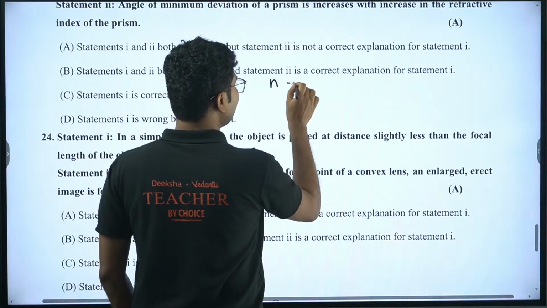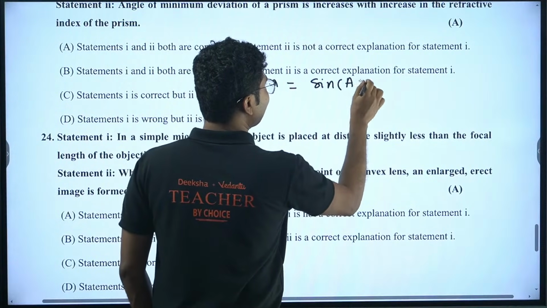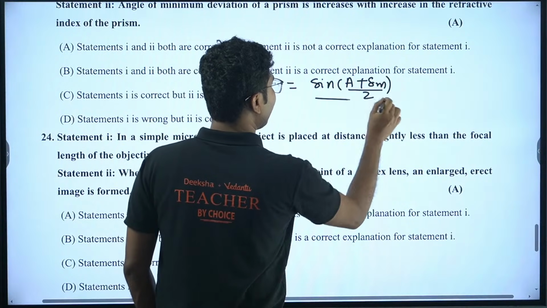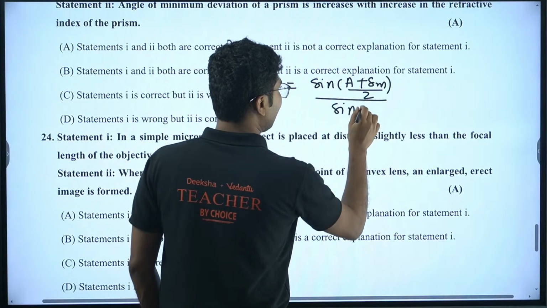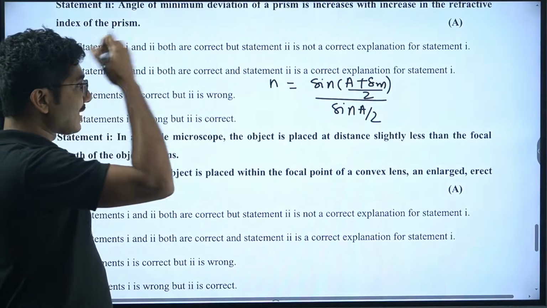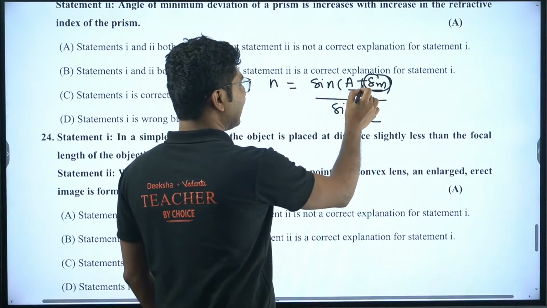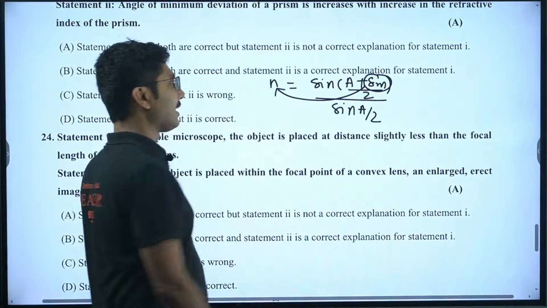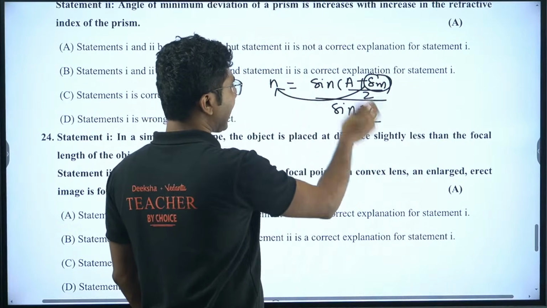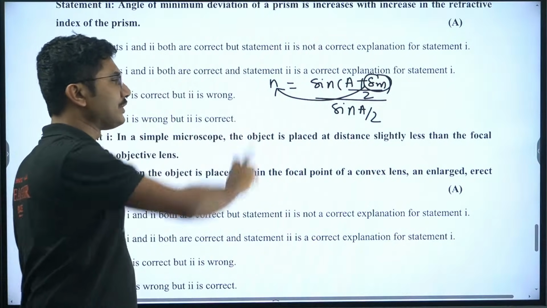N is given by sine of (A plus delta) by 2 divided by sine A by 2. Here we can see that delta has a direct relationship with refractive index, because you can take the sine inverse and you will find some relation of delta with respect to this refractive index.